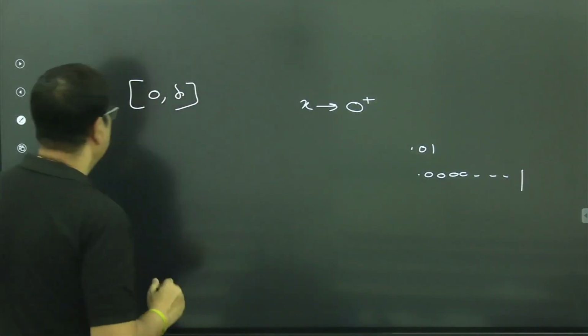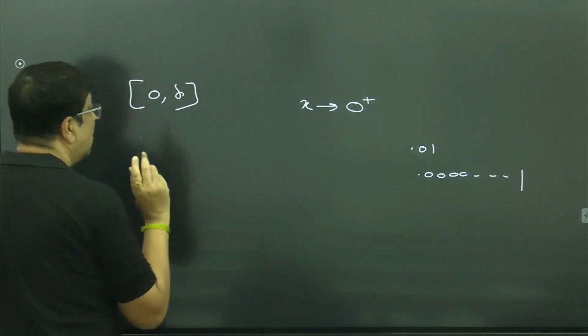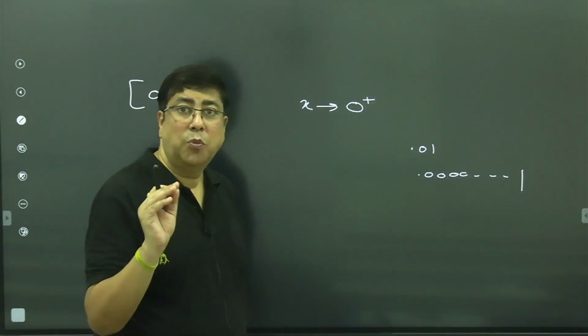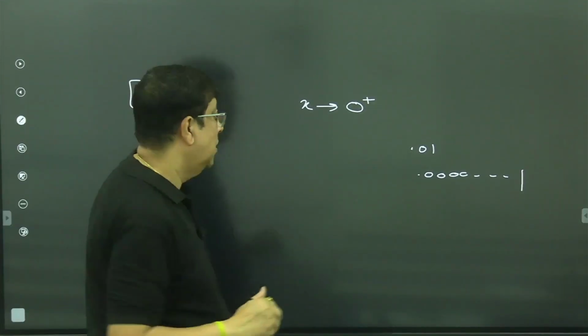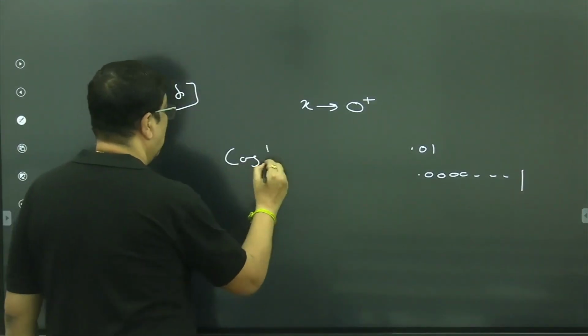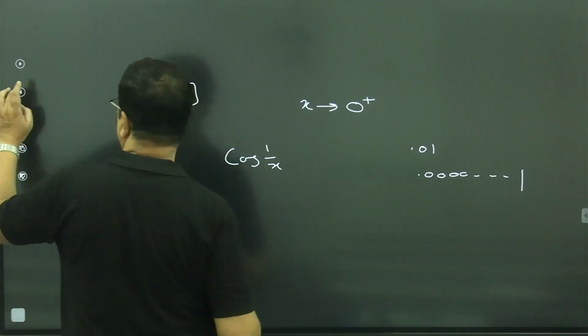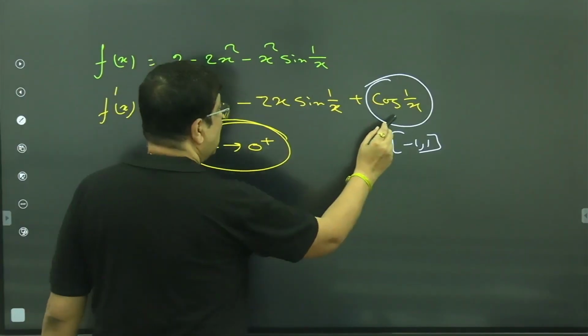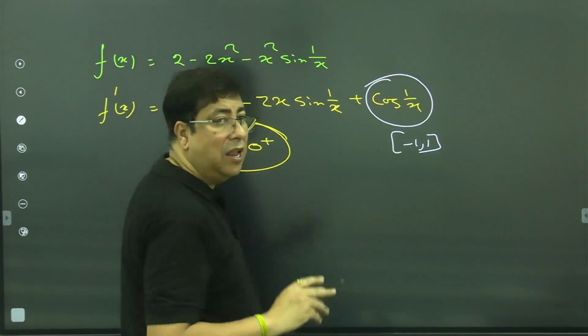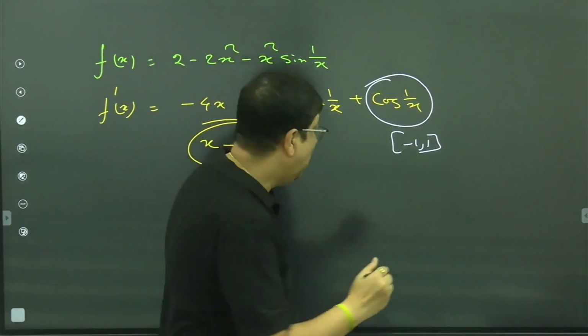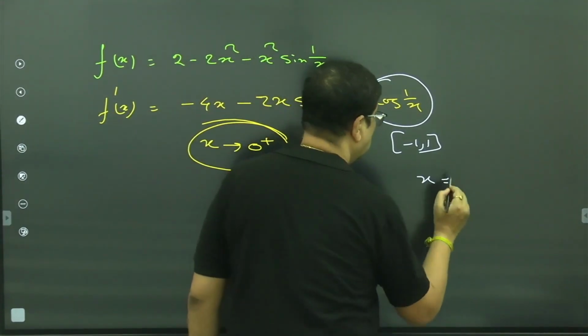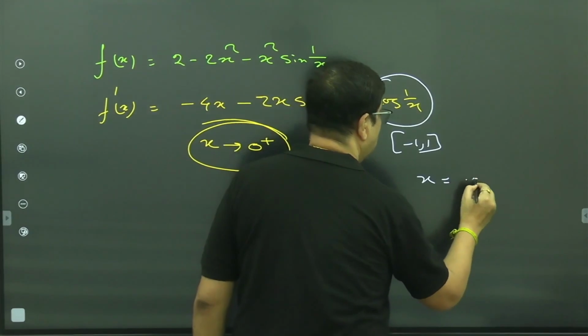Second case is that between 0 to delta, so delta should be properly defined. I am telling you one thing. Suppose cos 1 by x. Okay, I am explaining here. Cos 1 by x, this is the problem area, and it lies between minus 1 and plus 1. Suppose somebody is saying x equal to 0.01.